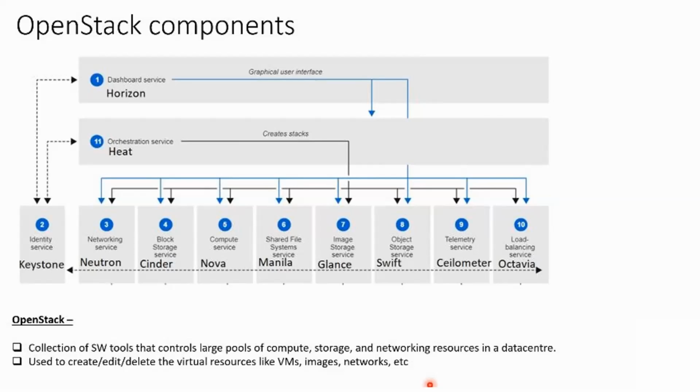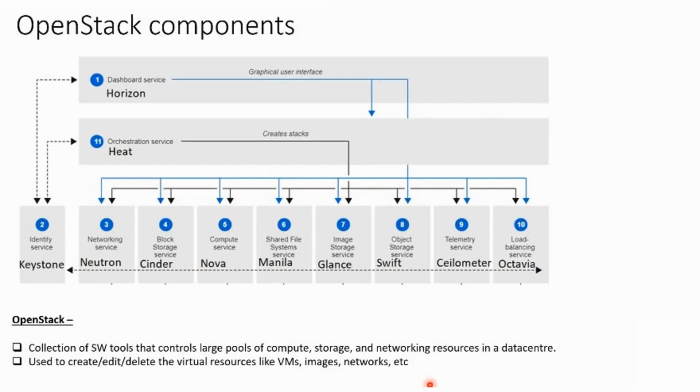So OpenStack is a collection of software tools that control large pools of compute, storage, and networking resources in a data center. More precisely, we are controlling, manipulating, and making use of the compute, storage, and the networking resources based on the requirements of our clients. It is used to create, edit, or delete virtual resources like VMs, images, networks, etc. In other words, short and sweet, it is allowing us to perform the CRUD operations.